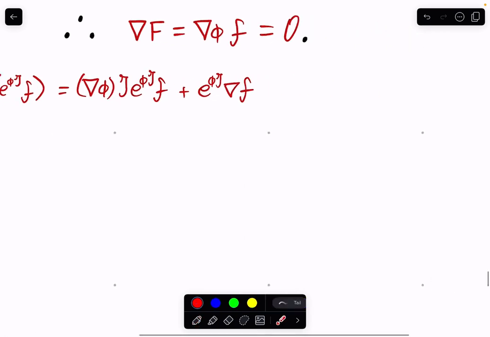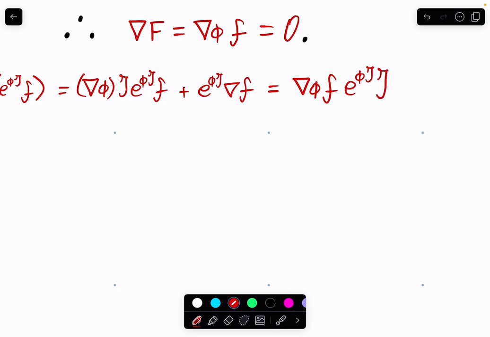Well, this second term is 0, so we end up with just the gradient of phi, and then I'm going to rearrange things. Gradient of phi times f times e to the phi I times I.